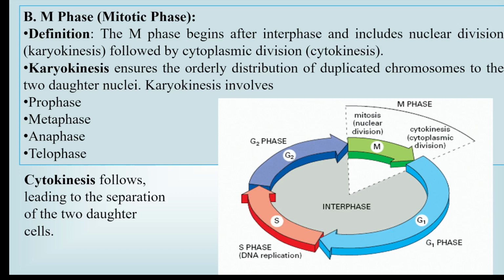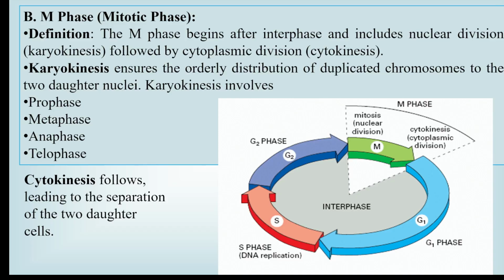After completing telophase, there are two nuclei formed in a cell. Then the division of the cytoplasm takes place, called cytokinesis, which leads to the separation of the two daughter cells.